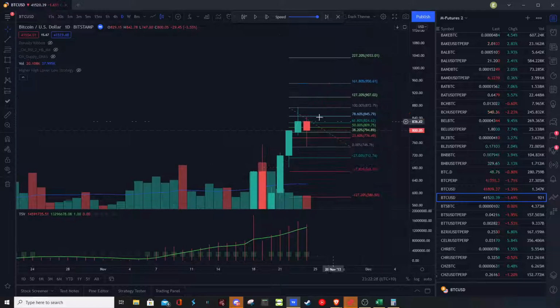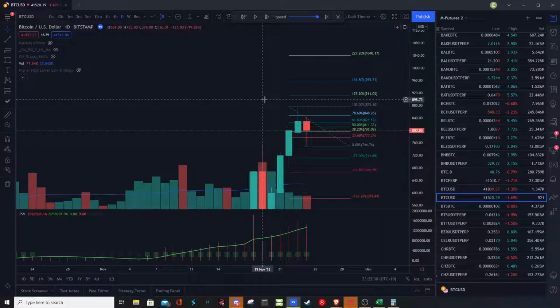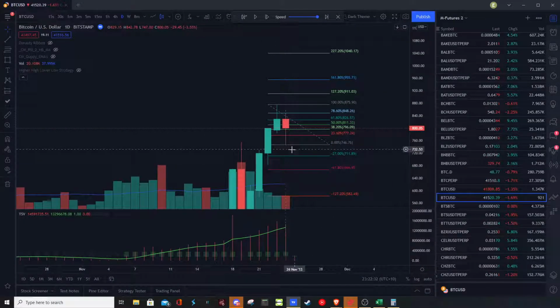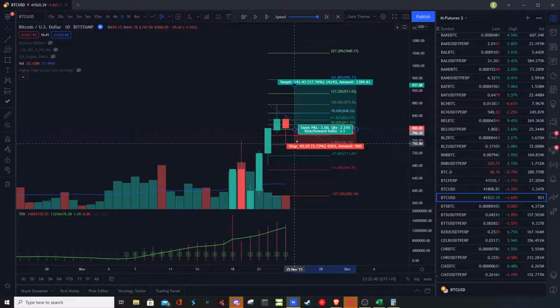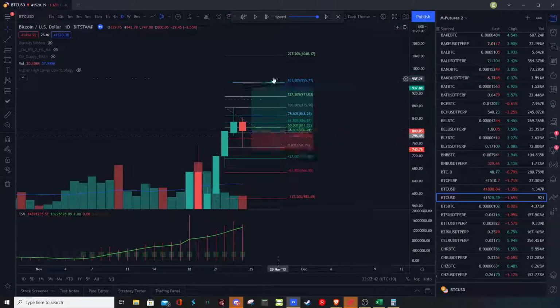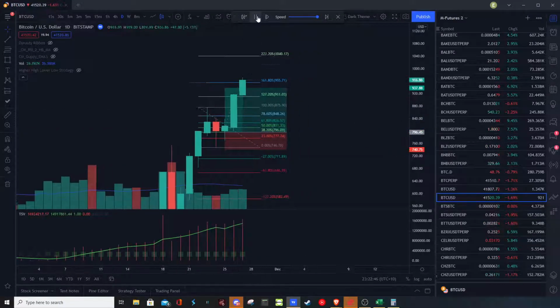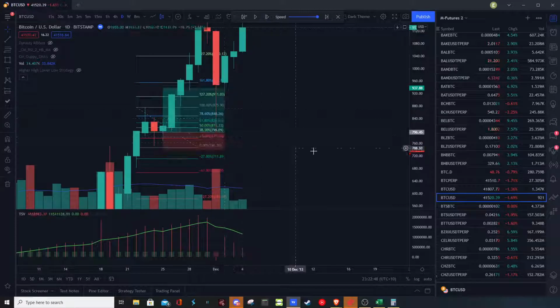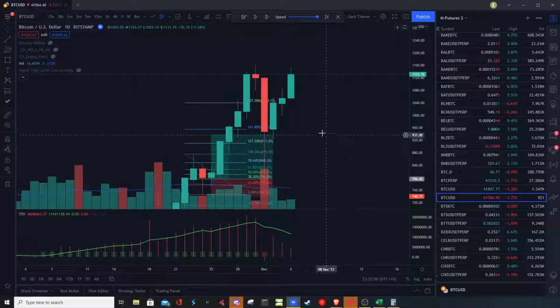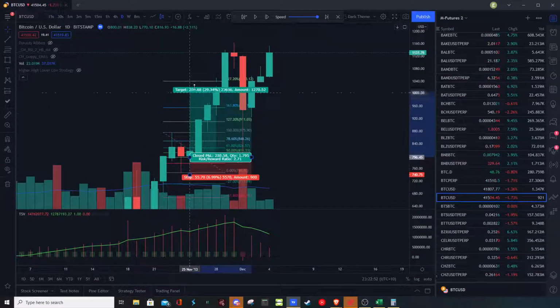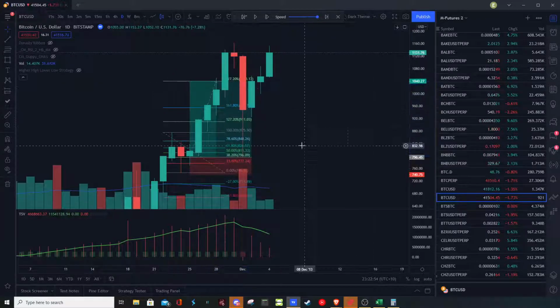It's a very, very tight pullback if we consider this up, down. It's at that 38.2. Now what do you want to do? Go long again at that 38.2 and see how it goes. Alright, so we're in. And we've gone again. So nice.